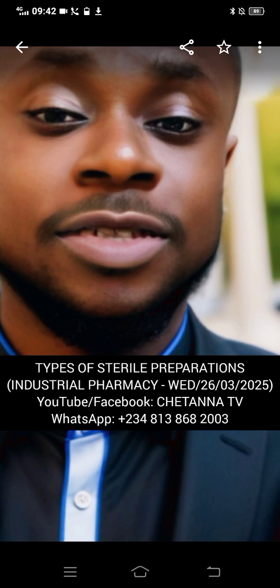So basically, as we discussed in the last class, we know that sterile preparation should be devoid of what? Microorganisms. We know that, right? Dust, fibers, or any form of foreign particles. So it should be devoid of that. And we are going to look at these sterile preparations under two categories.